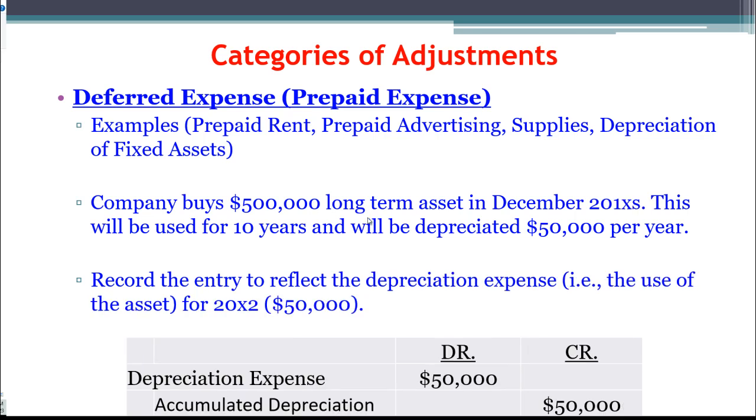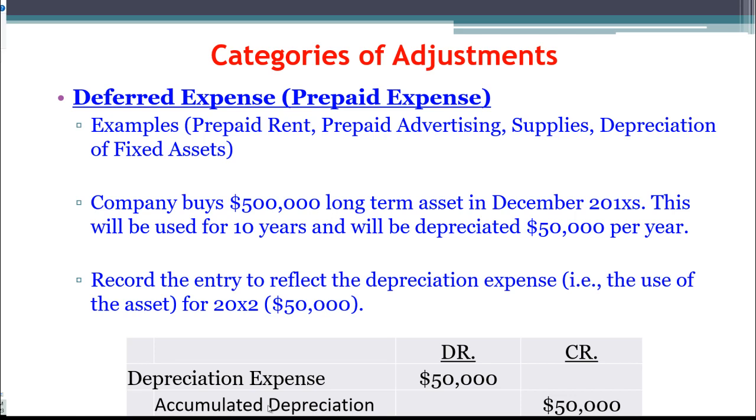But then the adjusting journal entry for these longer term expenses is a little bit different. We're still debiting depreciation expense for $50,000 for 1 year, but the credit does not go to the asset directly. It goes to what's known as a contra asset, and we cover this more in our actual depreciation video, but the contra asset here is known as accumulated depreciation.